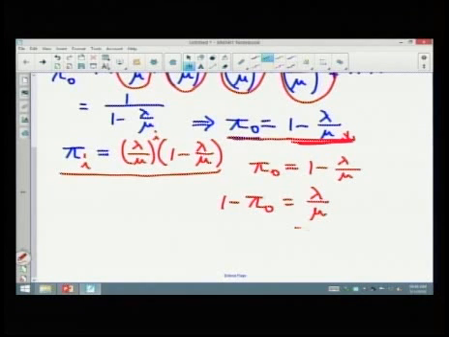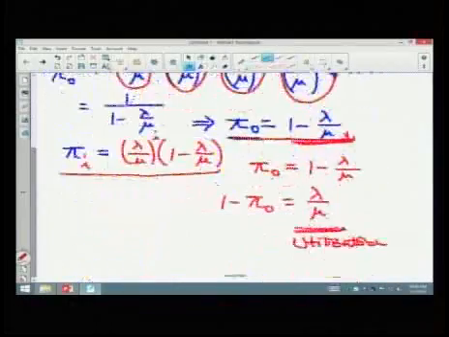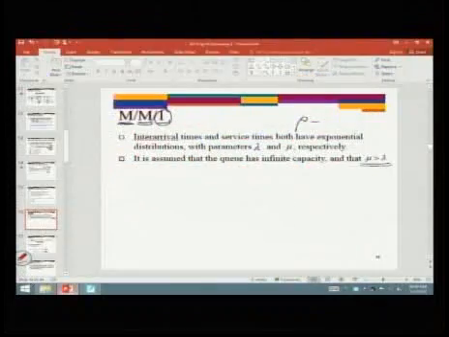So I just say this is the utilization of the server. Does that make sense? So this is the utilization of the server, which I defined earlier here. Okay.